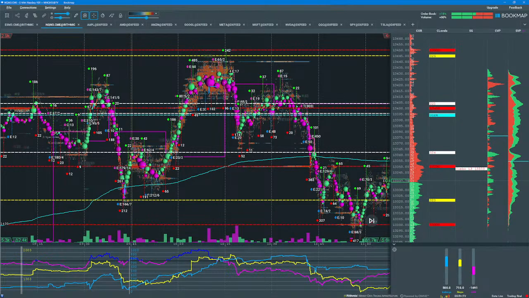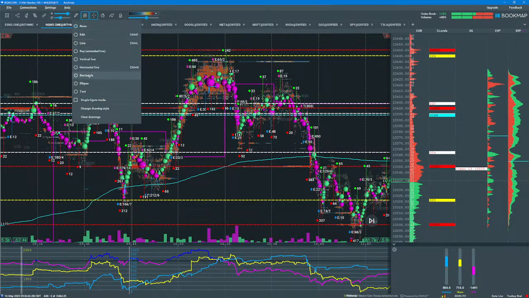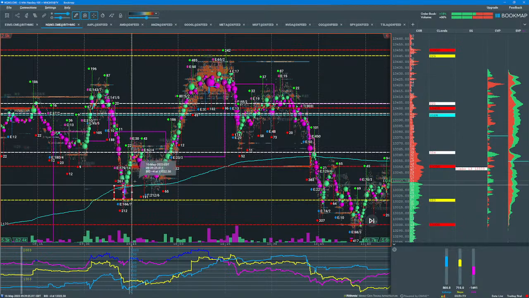Let's go take a look at Hero. And first of all, for NASDAQ, there were some great long setups this morning, mainly watching order flow.